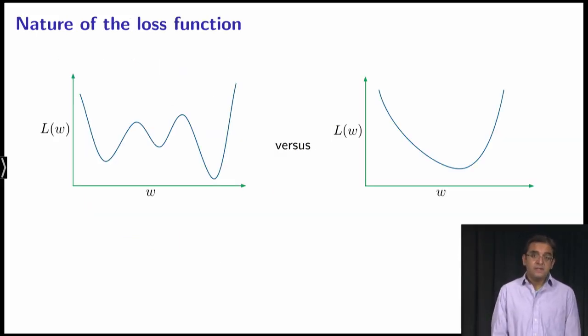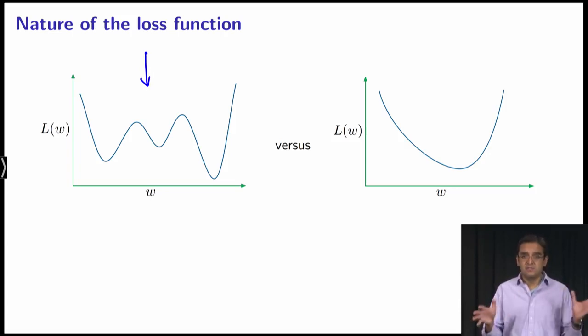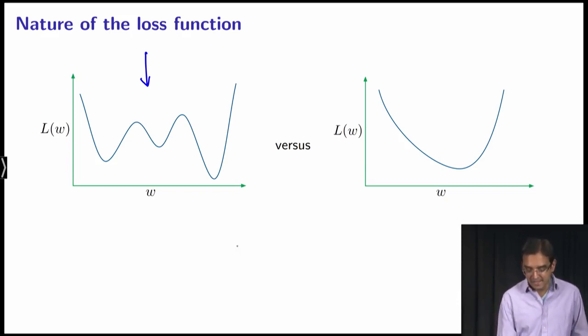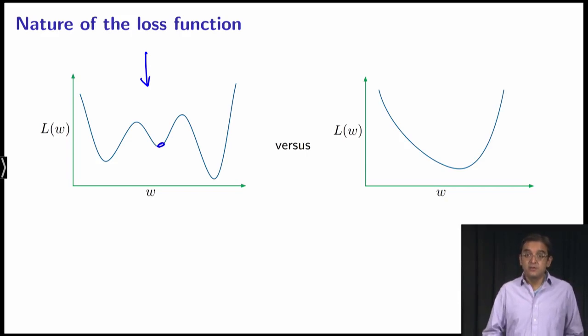So, in talking about loss functions, there are two cases that we have always distinguished. The case over here, where the loss function is badly behaved. It has lots of little local optima that we can get trapped in. And these local optima are of widely varying quality. So if we end up in the wrong one, then it could be a pretty bad solution.